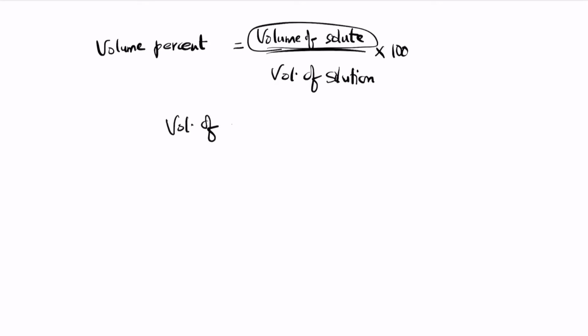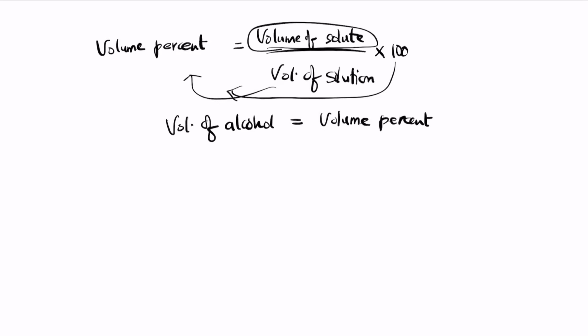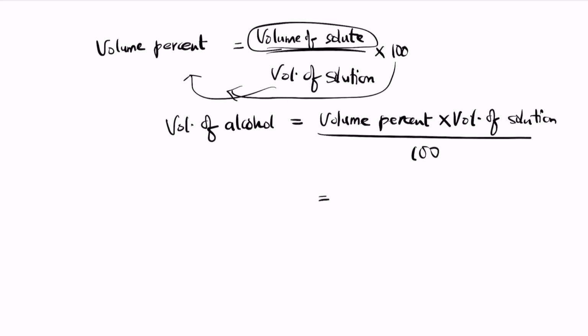So the volume of alcohol becomes, pushing the 100 to the other side, volume percent times the volume of solution divided by 100. Volume percent is 11.5, so it is 11.5 times 0.750 divided by 100.